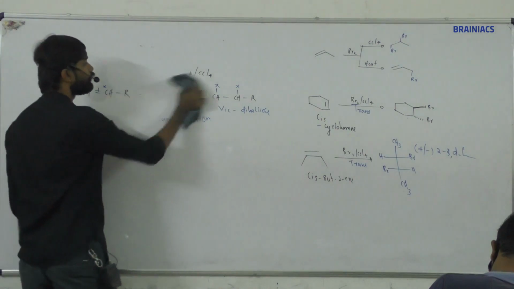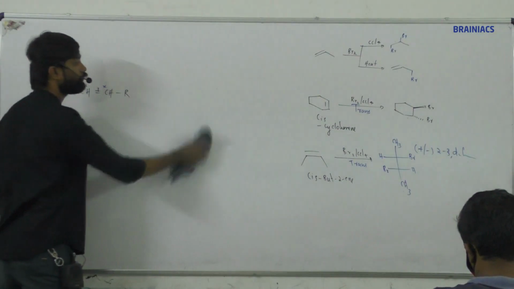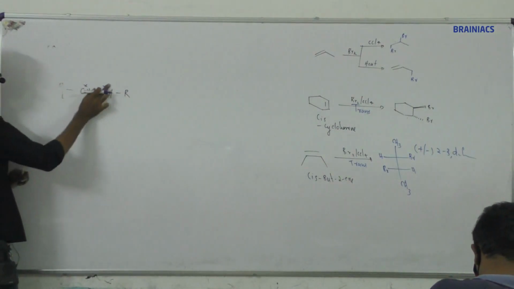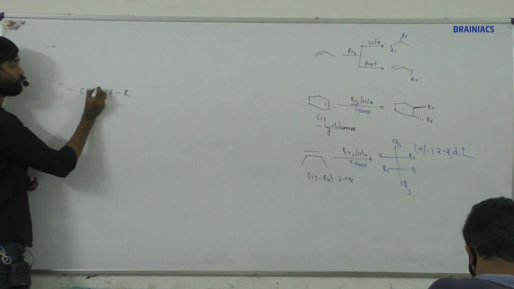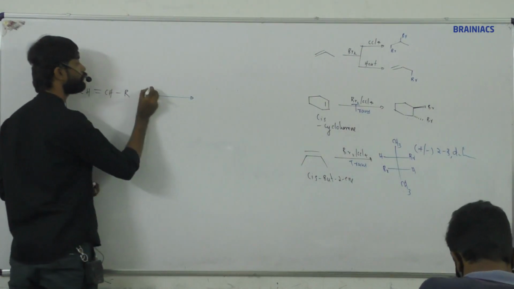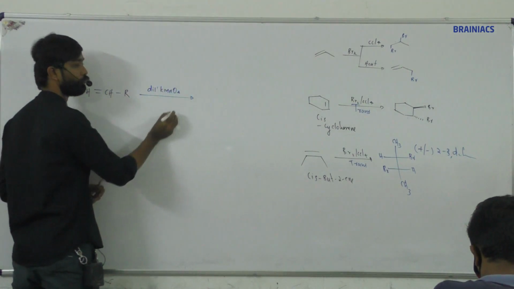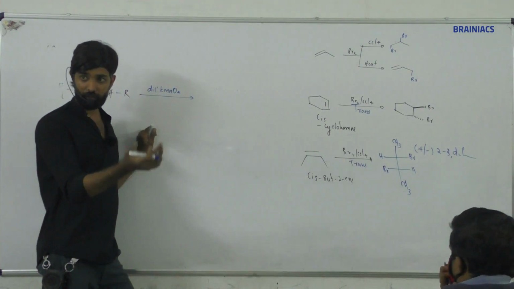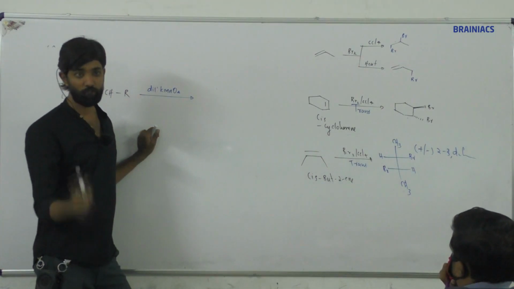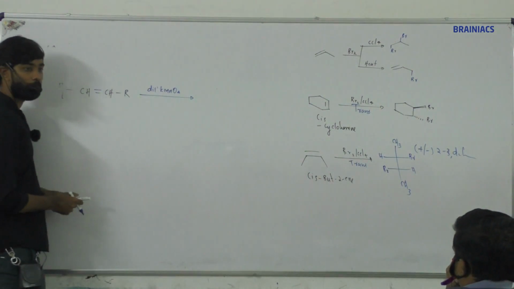Hydroxylation means what? Addition of 2 OH with respect to unsaturation. Listen. So we have an alkene. When treated with dilute KMnO4 without heat, because with heat the reaction is entirely different. This is cold. Cold means there is no heat. Okay.